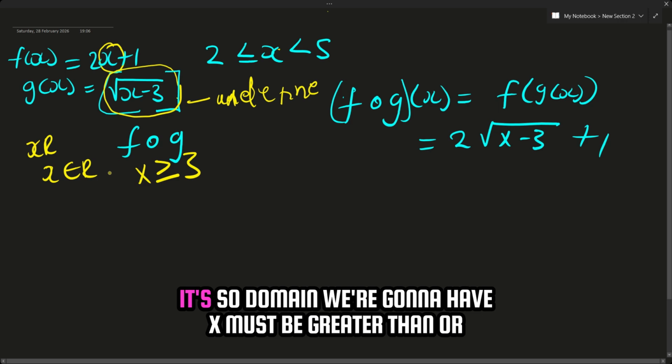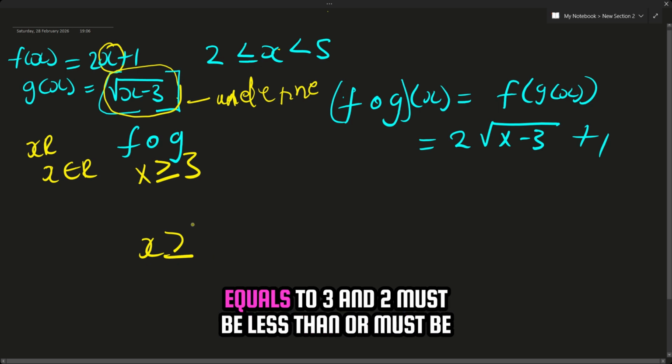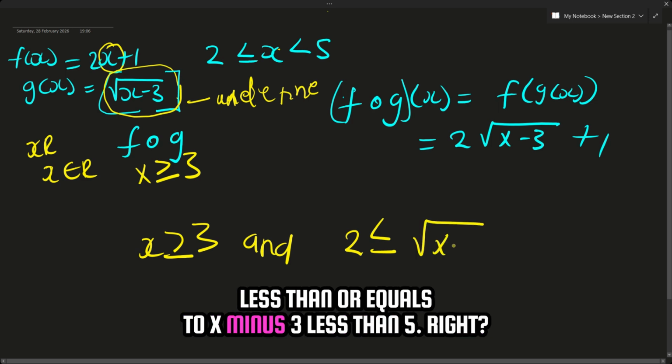So for the domain we're going to have x must be greater than or equal to 3, and 2 must be less than or equal to the square root of x minus 3, less than 5, right?